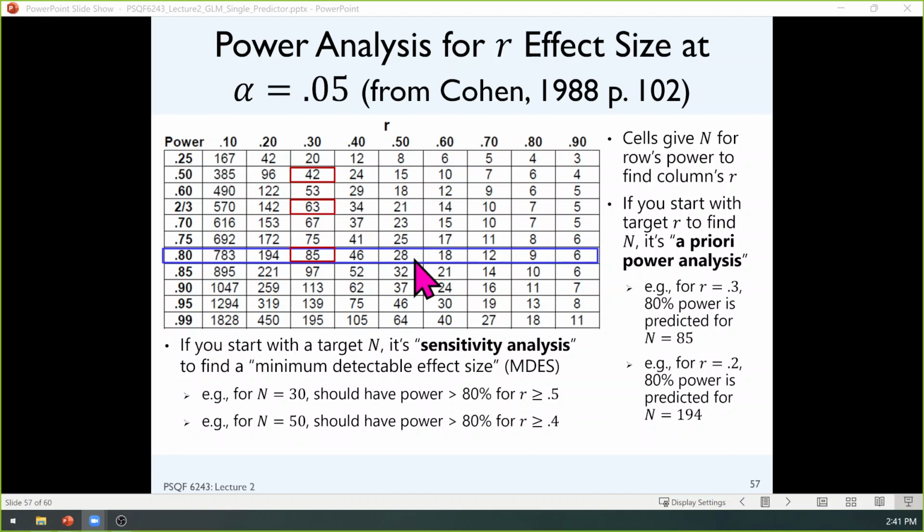That's the minimum effect size that I have at least 80% power to detect with only 28 people. What if I have 50 people? Somewhere just past 0.4 here. So for 50 people, I have 80% power to detect an R of 0.4 instead.